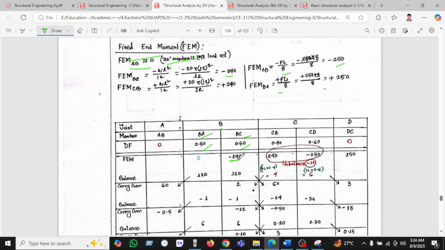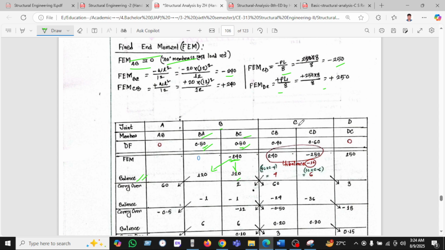So if we multiply 250 with 0.50, it will be 120, and 120 for the other as well. It will be positive, because it is the balancing distribution moment.